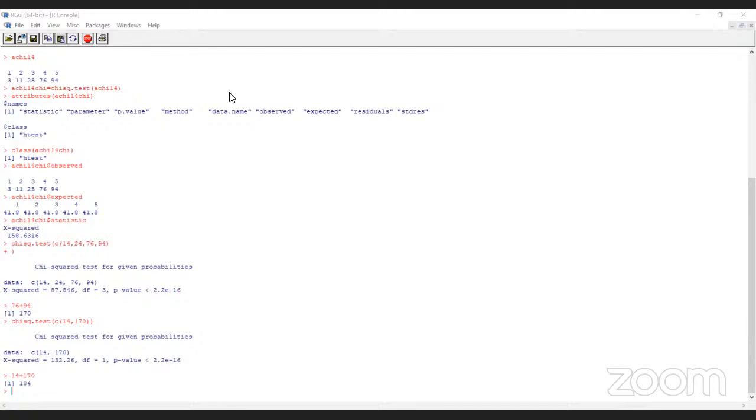Number 2, observed frequency should not be less than 5. And number 3, the DF should be more than 1. Okay, DF should not be 1.